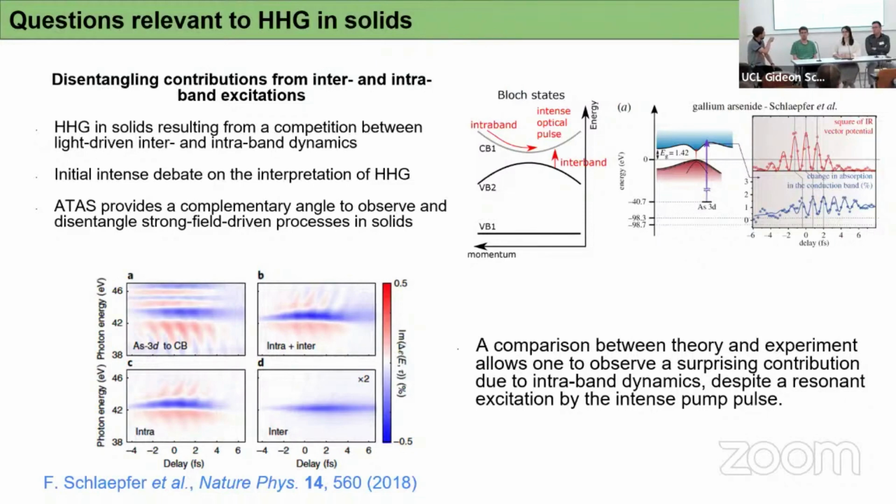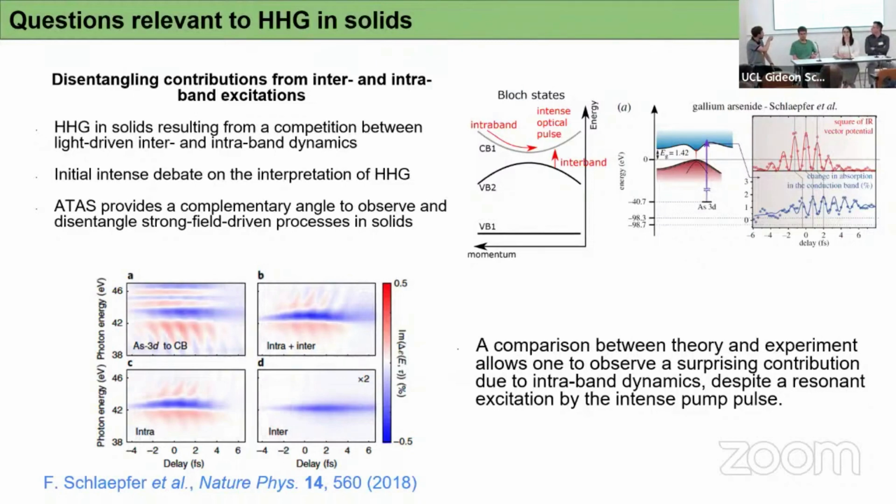But then, with this combination of theory and experiment, these are theory results, but in very good agreement with the experimental results shown in the paper. With theory, you can disentangle the two contributions and look, for example, at the contributions coming from intra and inter.